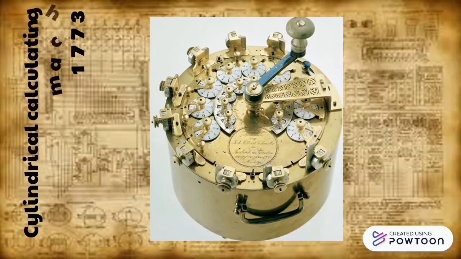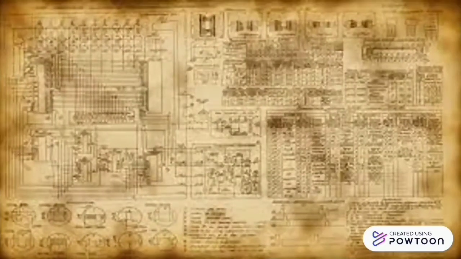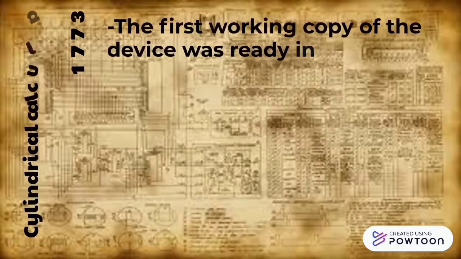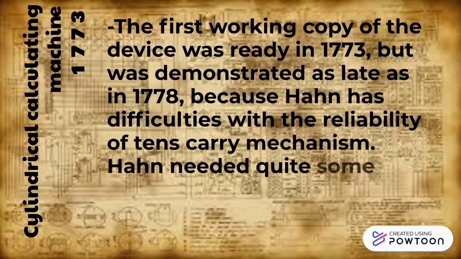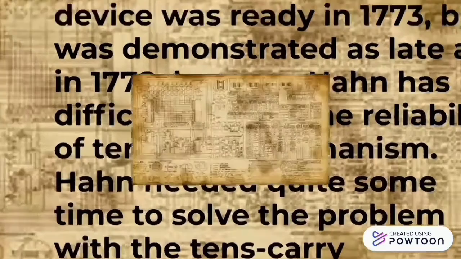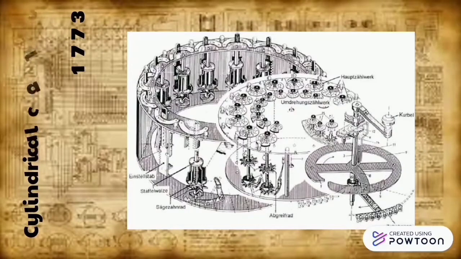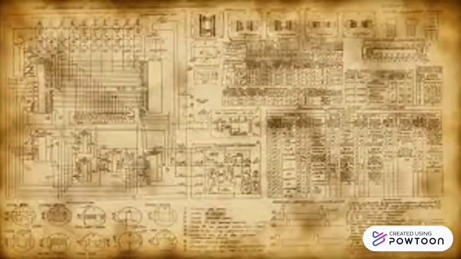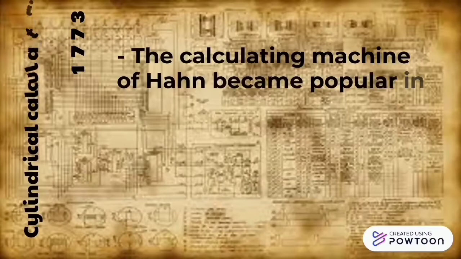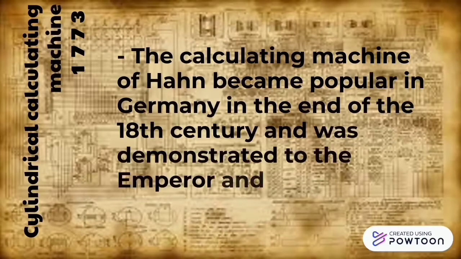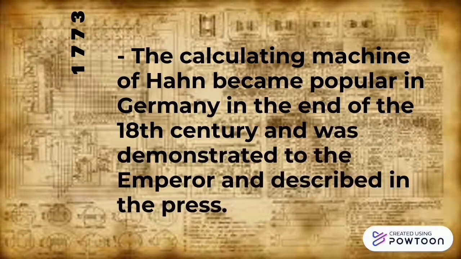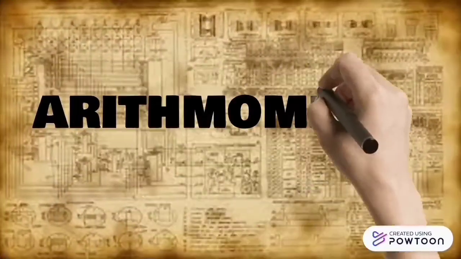Because Hahn had difficulties with the reliability of the ten-square mechanism, he needed quite some time to solve the problem. He complained several times about the poor quality work of his mechanicians, but he managed to resolve it partly by changing the initial rectangular form of the machine to a circular one.